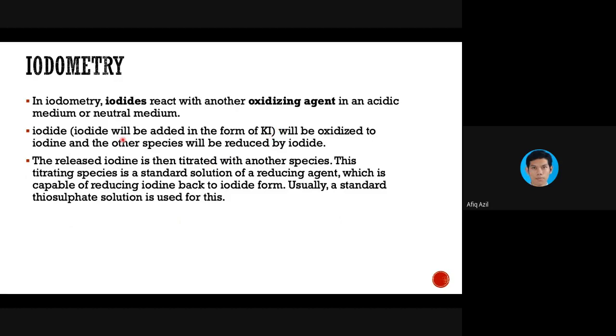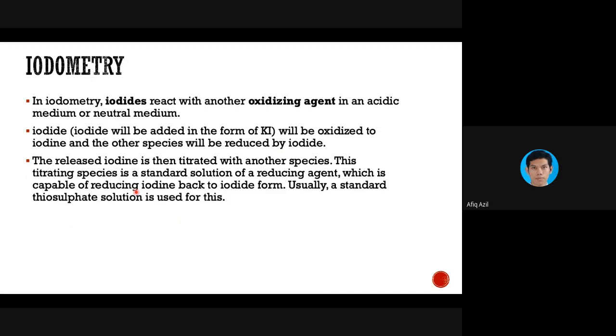The other species, other than the iodide, will be reduced. Then the released iodine is titrated with another species, a standard solution in the form of a reducing agent.